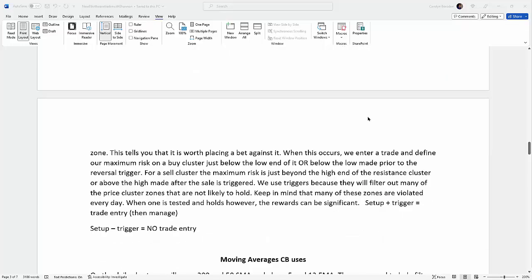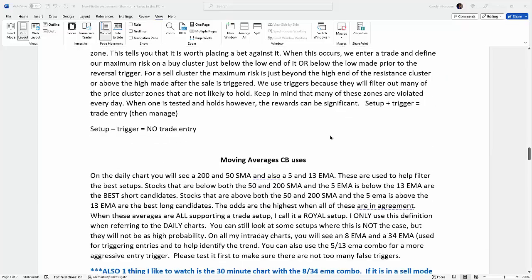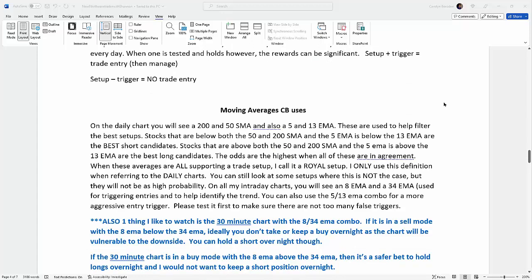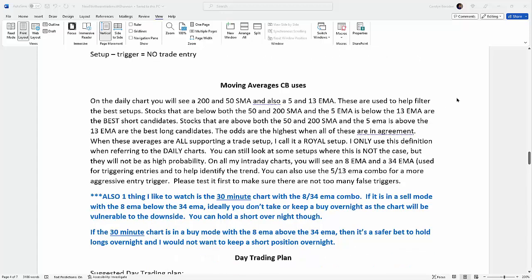So, let's see. Also, the best trade setups, okay? I'm basically going to go over the Royal setup when I do Kramer on August 1st, because that's one of the best setups. That's what's been giving you some of the best trade setups on the daily charts in recent months. Why? Because we have all of the moving averages on the right side, and that makes it high probability. You don't have to have timing with everything, okay?